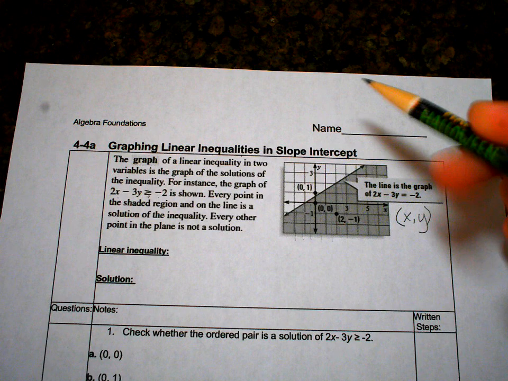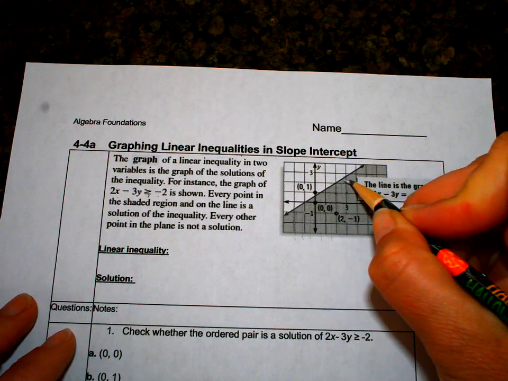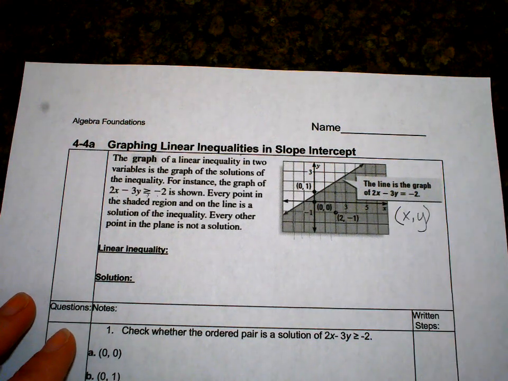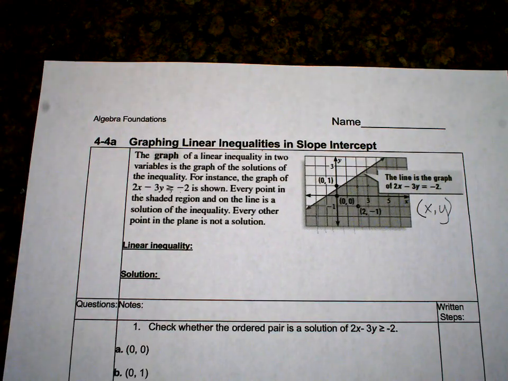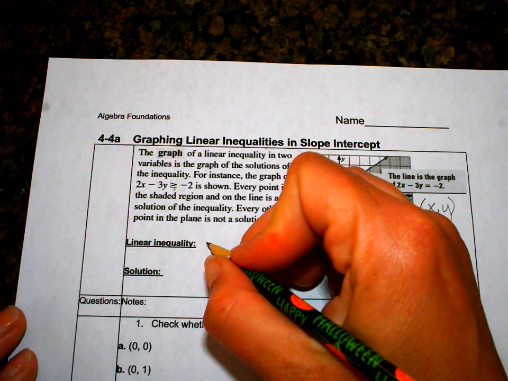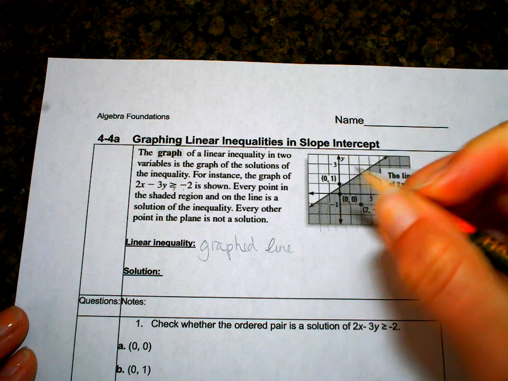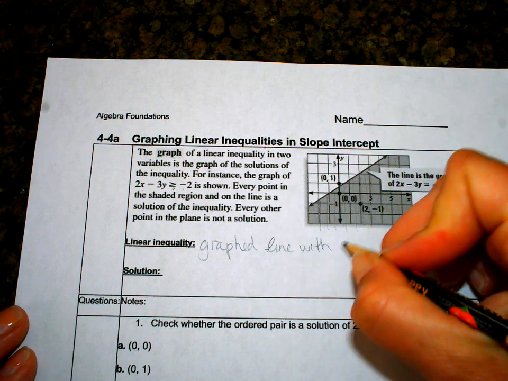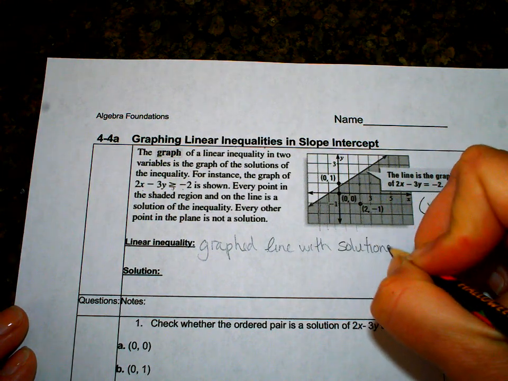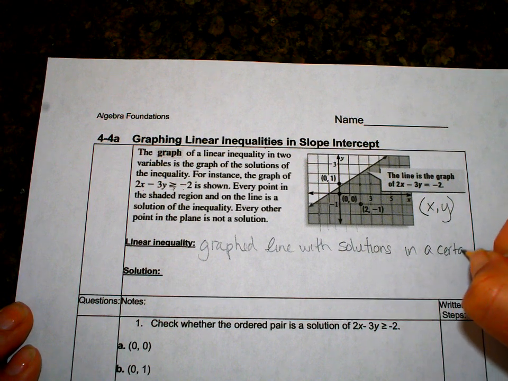All these dots here and here and here. Get it? Okay. So a linear inequality is a graphed line with solutions in a certain area.